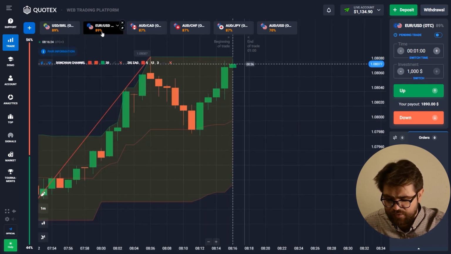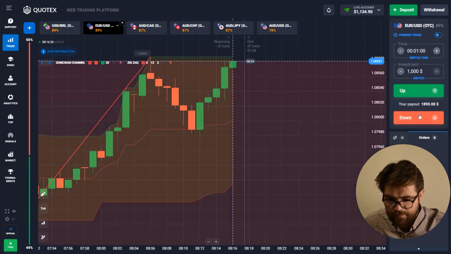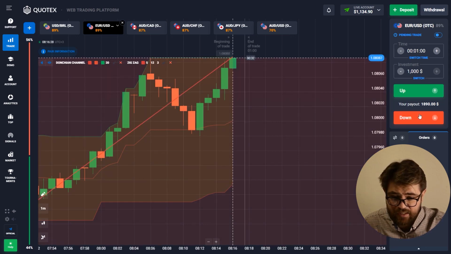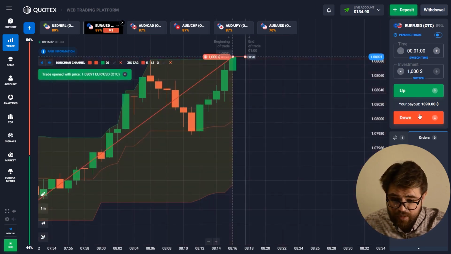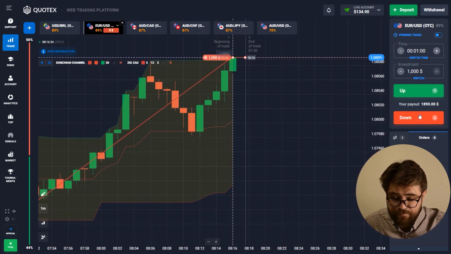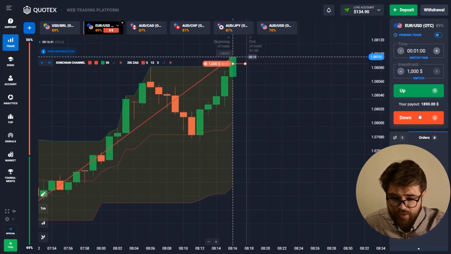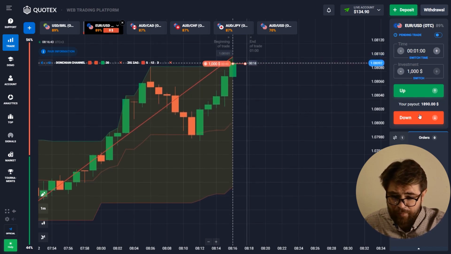Okay, so this here is actually another pattern. We're gonna go with a put option here. If we would draw a line across the top, we would see that the two peaks would touch that line.